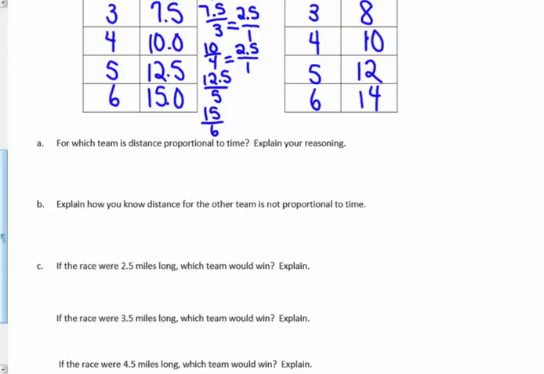So which team? Team A is distance proportional to time.